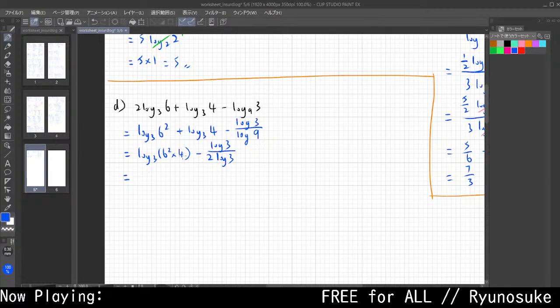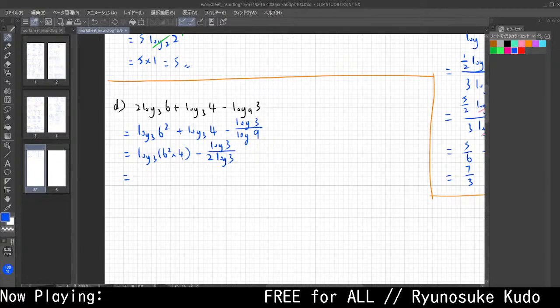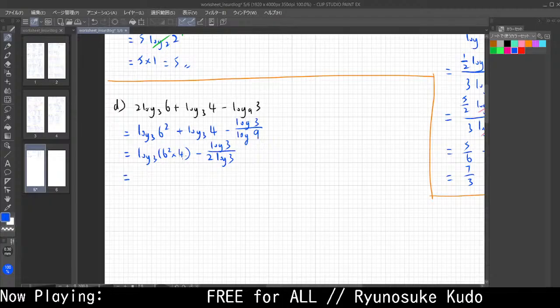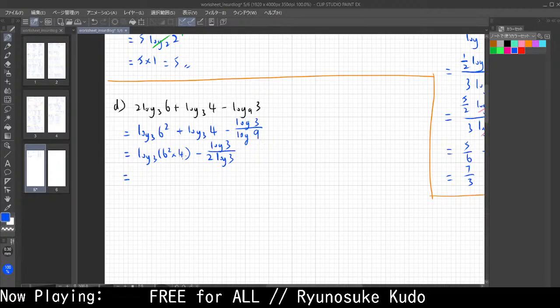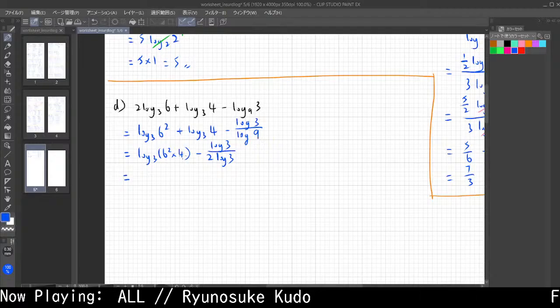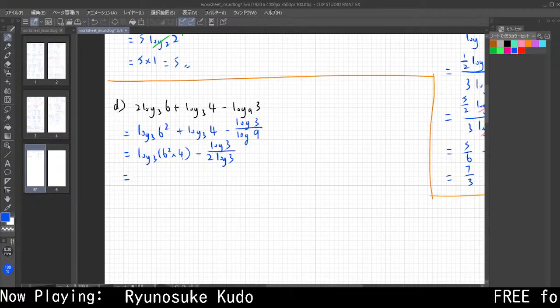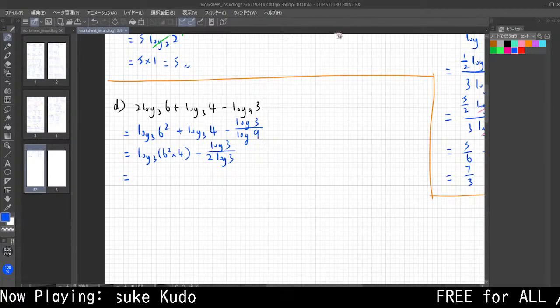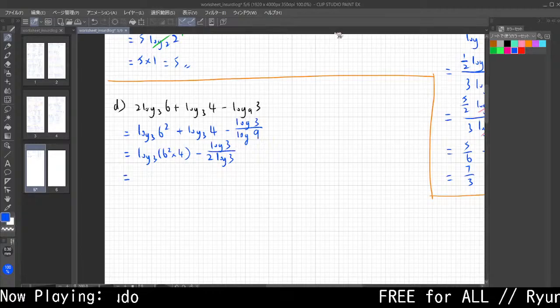Log base 3 144. Okay, log base 3 144, or you get a decimal number.